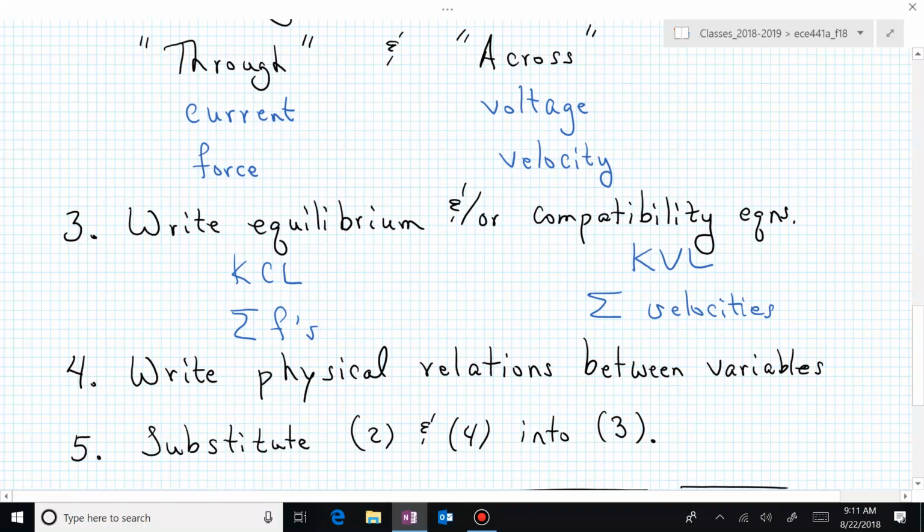How does the force change as you stretch that spring? Some constant, a spring constant K, times the displacement, isn't it? Kx. And we'll have a similar one for our dashpot, or our damping element. And in step 5, we put all of this together to create the differential equations that we want.